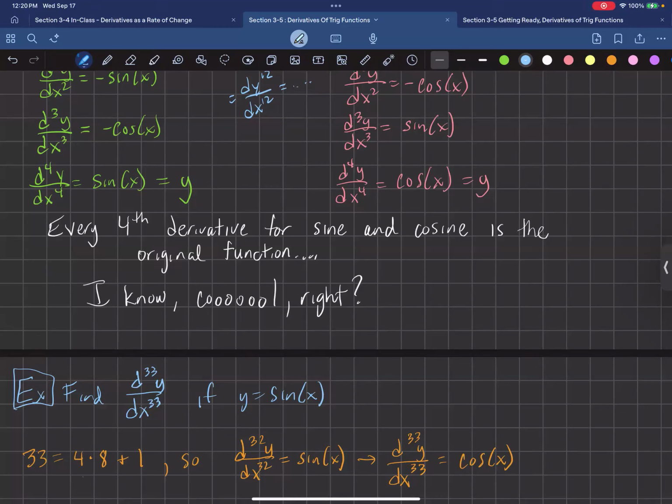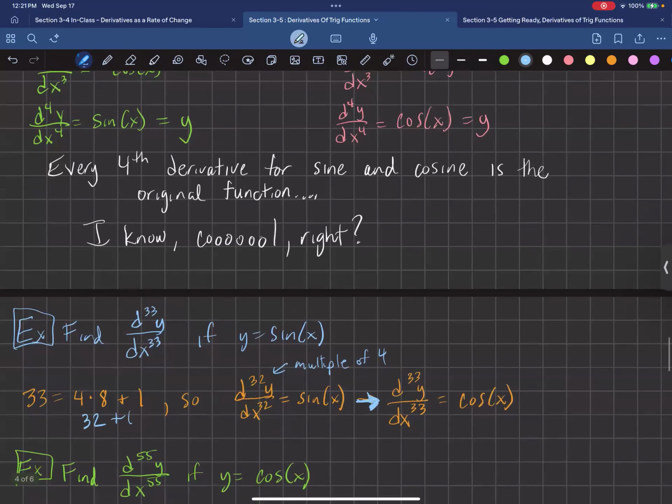So 4 times 8 is 32, and I need one more to get to 33. So the 32nd derivative will be sine x, right back to where we started. It's a multiple of 4. And then I took the derivative one more time, and the derivative of sine x is cosine x.